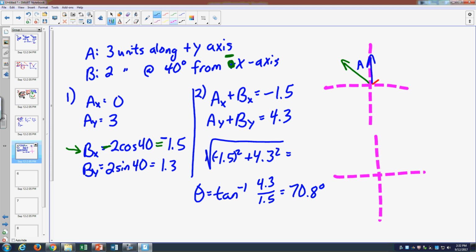I know this seems overwhelming, but as you practice with this, you'll get it. Trust me, I've seen students do this before. I have my Ax over here, my Ay over here, and so my angle theta looks like that. And so it's 70.8 above the negative x-axis.